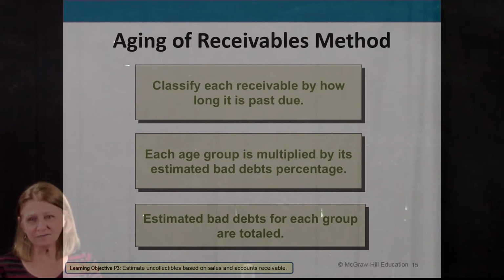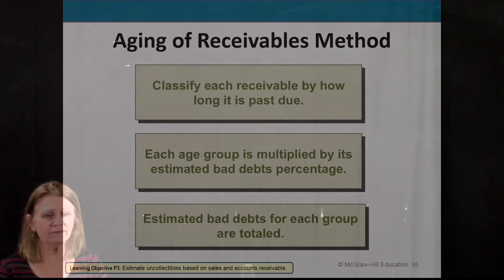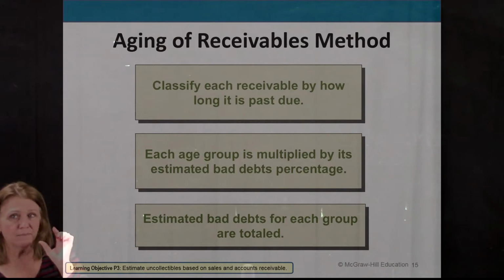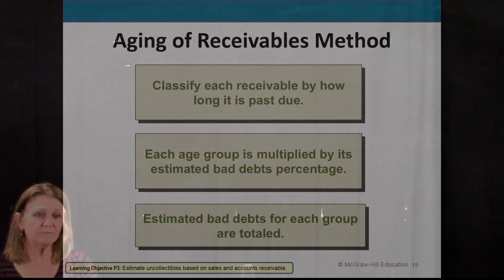We classify our receivables by how long they are past due, and each age group is multiplied by an estimated bad debt percentage. Then the estimated bad debts for each group are totaled, and we make the same journal entries that we did for the receivables method.